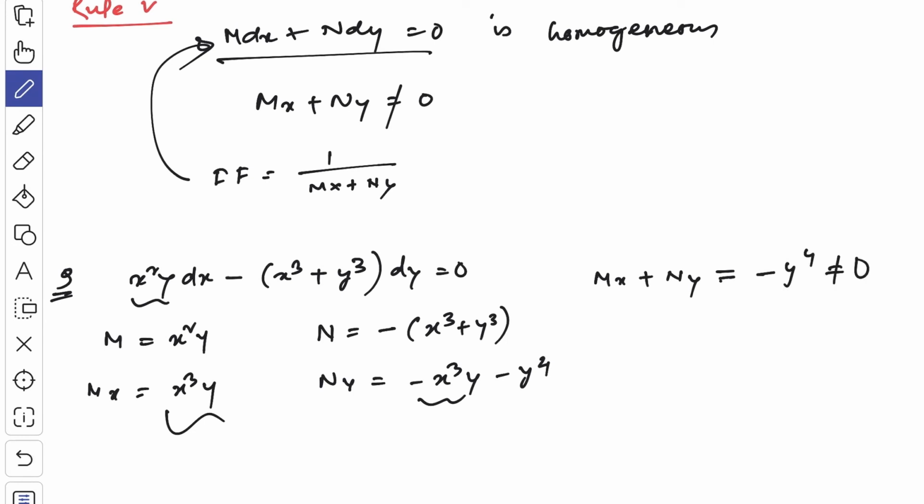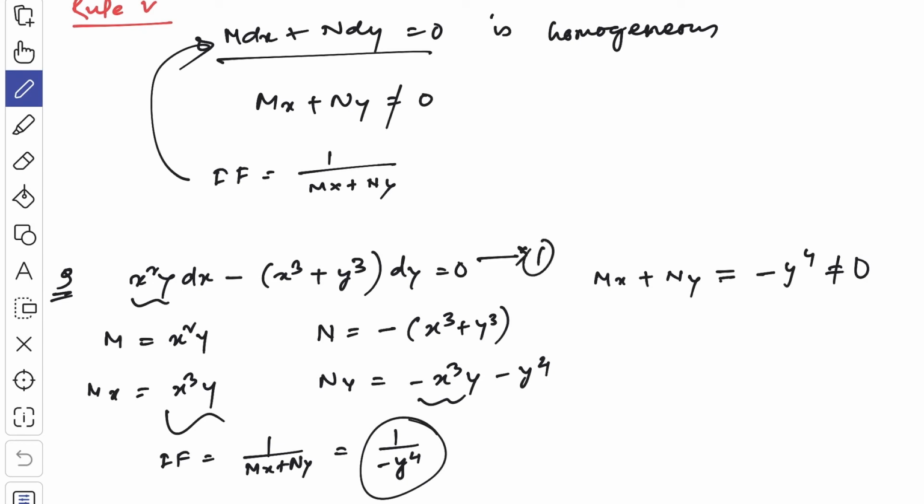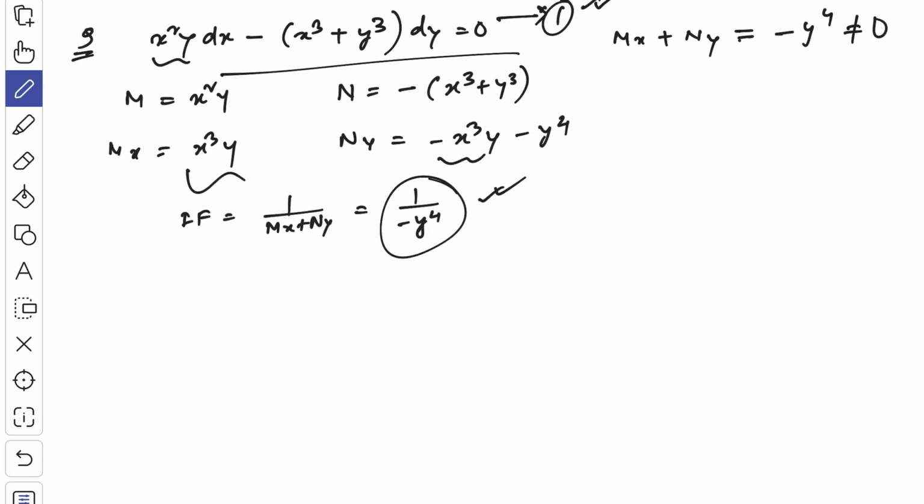So therefore our integrating factor is going to be equal to 1 by (Mx plus Ny), which is equal to 1 by minus y to the power 4. That's going to be the integrating factor. Now we are going to multiply this with the given equation. Suppose this given equation is 1. So let's multiply this integrating factor with equation number 1, that is, equation number 1 into minus 1 by y to the power 4.